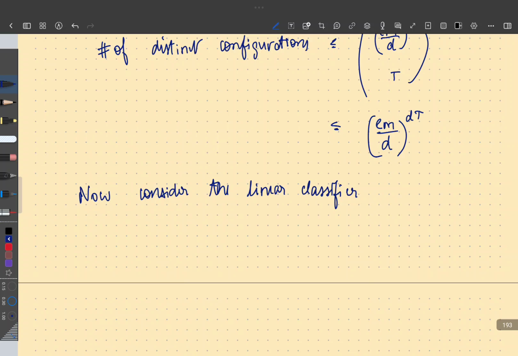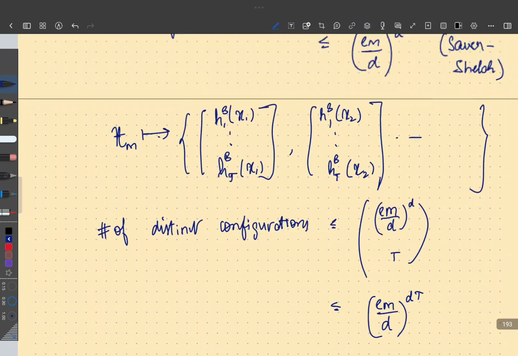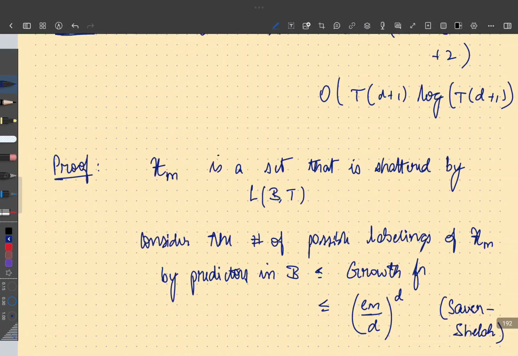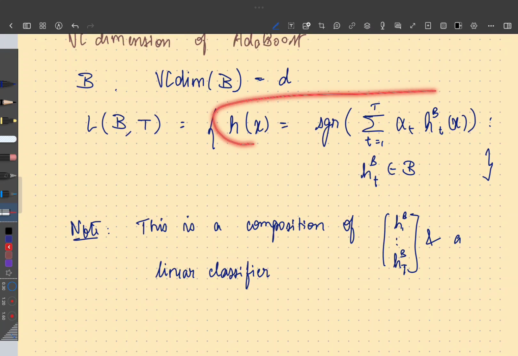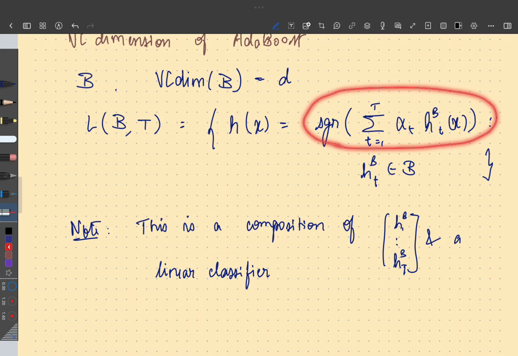So let's fix some m, for now m is some integer. I pick some m points, x1 through xm, and this is going to be the set that is shattered by L of b comma t, which is the set of all predictors that can be expressed as a linear classifier composed with T base classifiers.